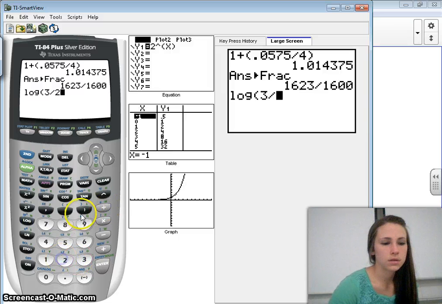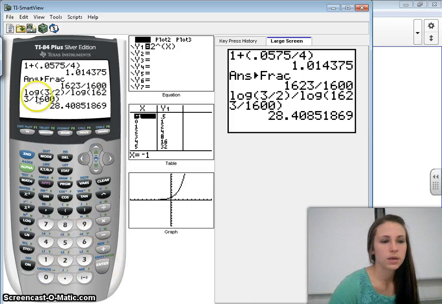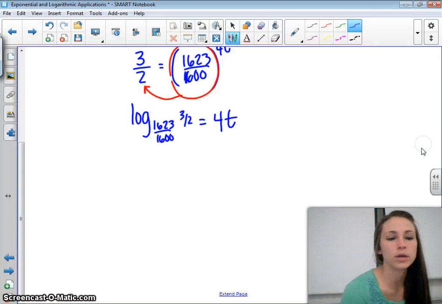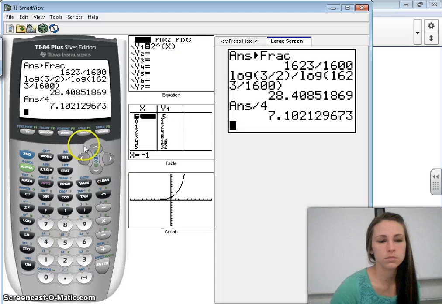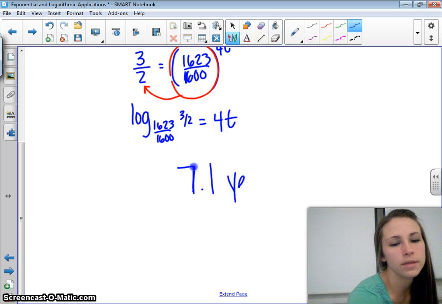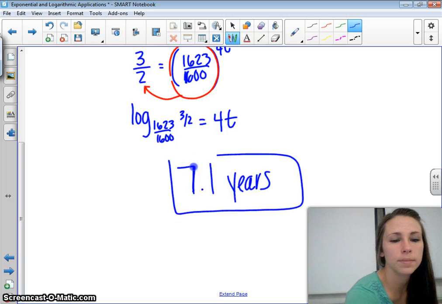Log of 3 halves divided by log of 1623 divided by 1600. Okay, that's 28.408. And then I'm going to divide that by 4. And so my answer would be about 7.10. If I'm rounding to 2 decimals, 7.1. And this would be in years. Okay?